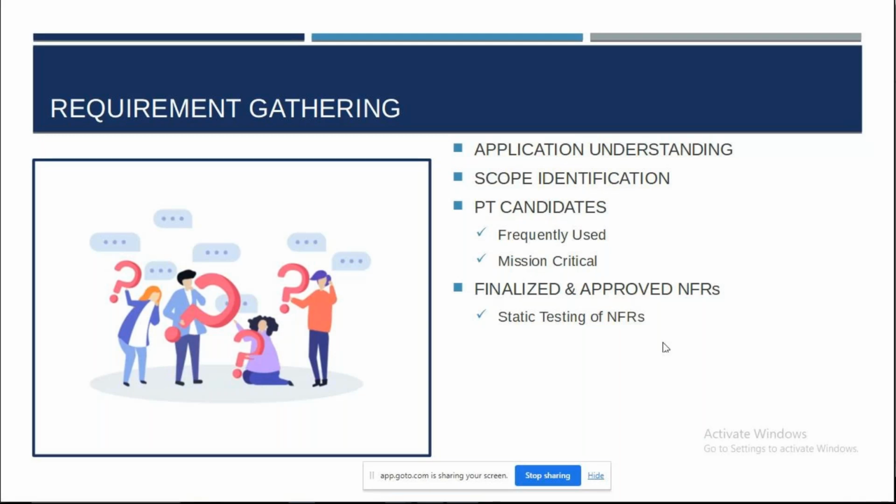Now, first of all, let me tell you, for an existing application, what should be your approach? If the application is already existing, ideally you should analyze the production logs, for 1 year or 2 years.